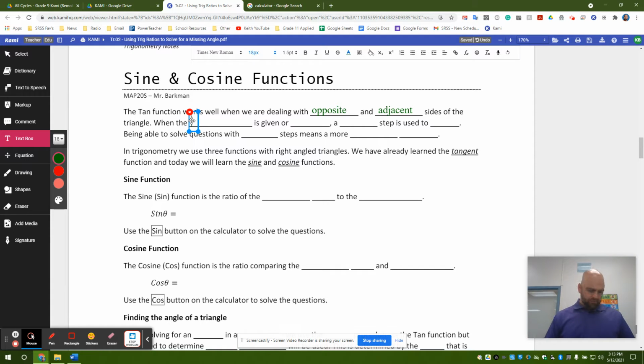Now, when the hypotenuse is given or needed, then a second step is used to solve, at least if we are only using our tangent function. So if we are given the hypotenuse and one of the sides, we can then solve for the third side using Pythagorean theorem, then use that answer to solve for an angle. Being able to solve questions with the fewest steps means a more accurate answer.